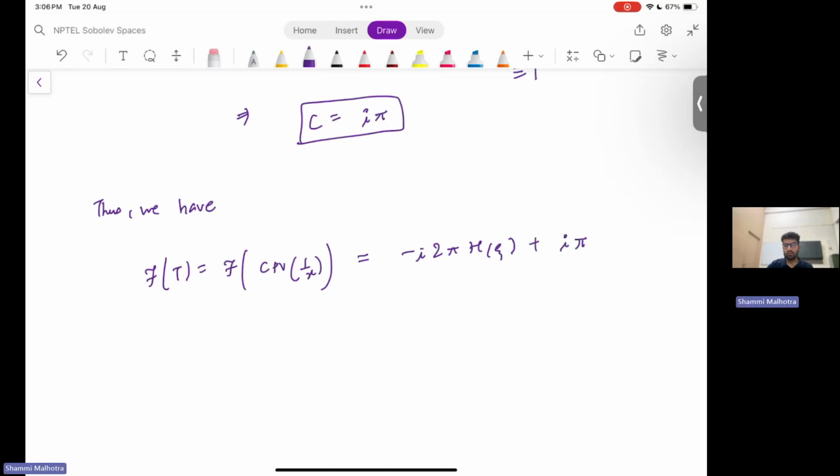And if you try to bifurcate this, this is nothing but minus iota pi for xi positive and iota pi for xi less than 0. So this turns out to be the Fourier transformation of our Cauchy principal value of 1 by x.